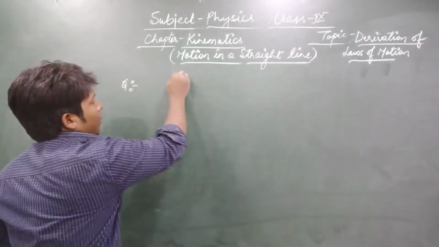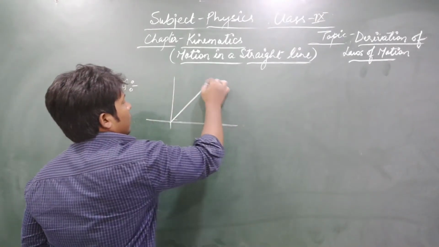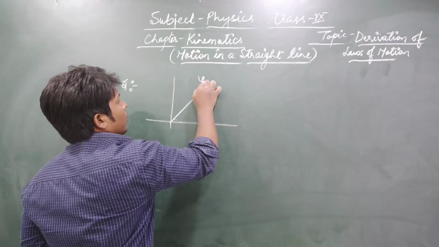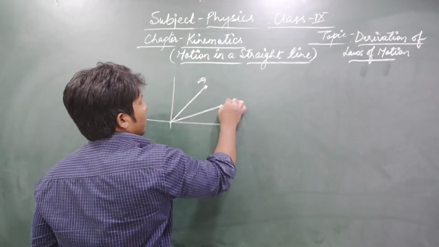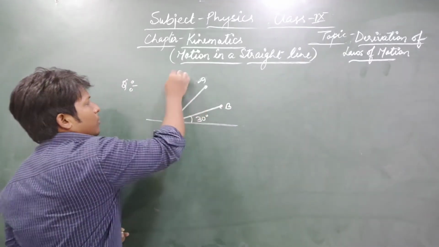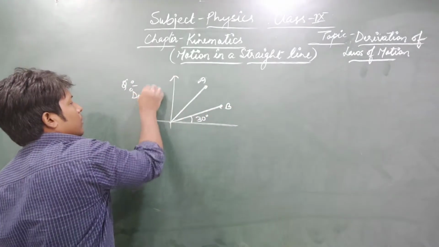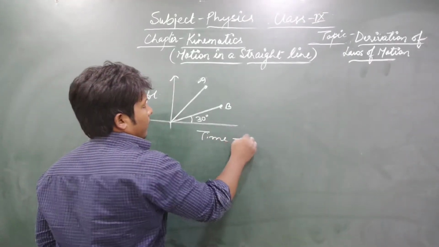You are given a graph. This is line A, and this is line B, and this is a displacement versus time graph.